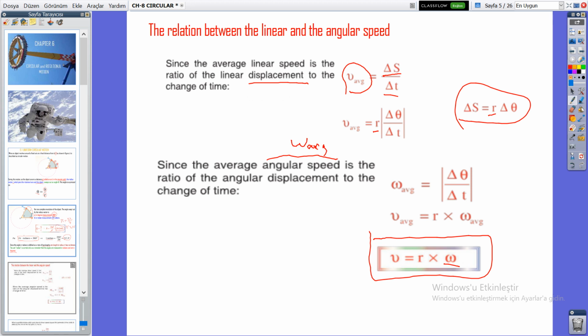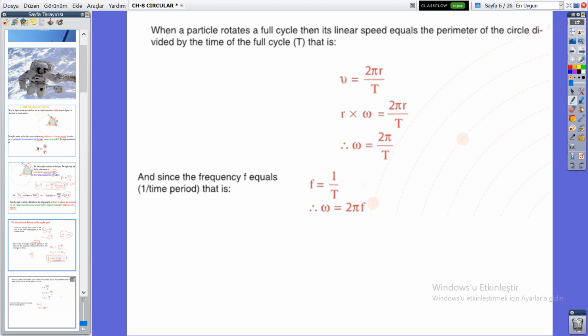The unit for angular speed and average linear speed is the same, meter per second, if you remember, in the SI unit system.